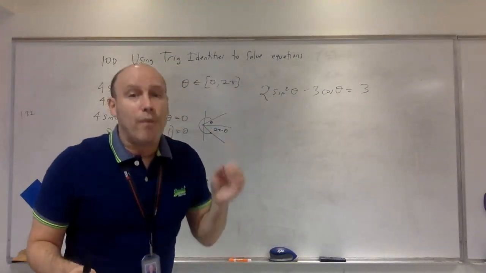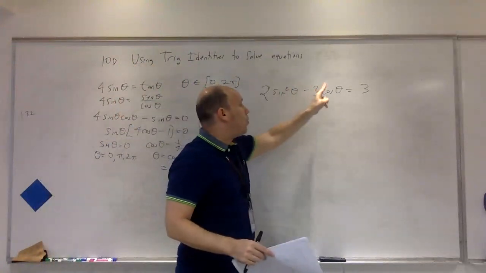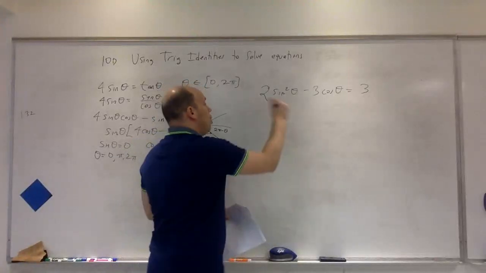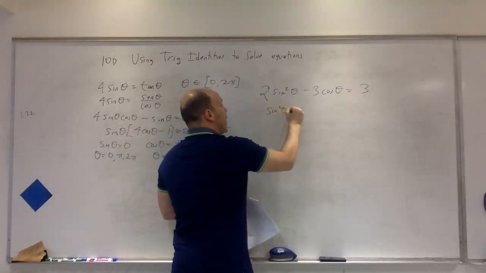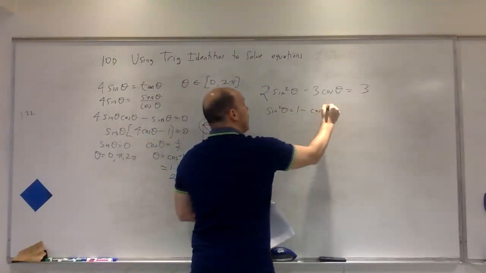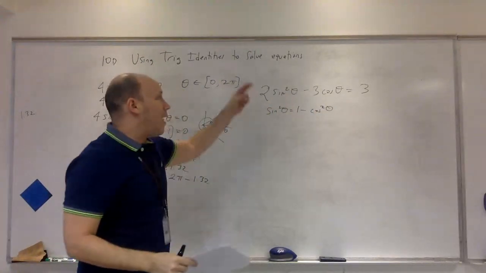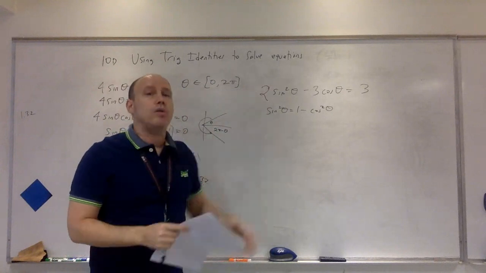So whenever you have a quadratic, we want every single trig to be the same. You know that sine squared of theta is 1 minus cosine squared of theta. So that's the identity we'll be using to replace sine squared, so all the terms are cosine.